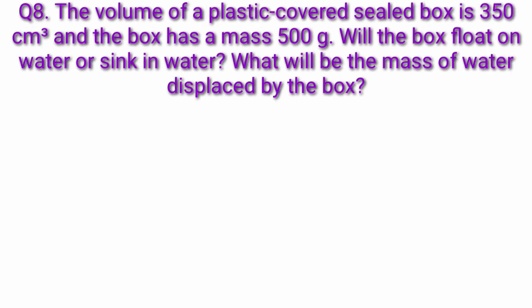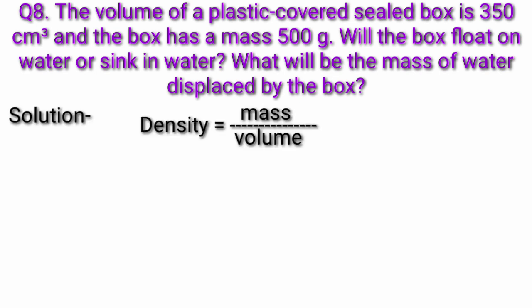Now question 8. The volume of a plastic covered sealed box is 350 centimeter cube and the box has a mass 500 gram. Will the box float on water or sink in water? What will be the mass of water displaced by the box? Solution. Firstly, we will find the density.